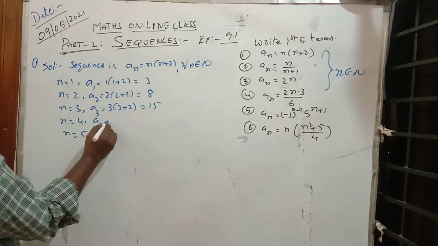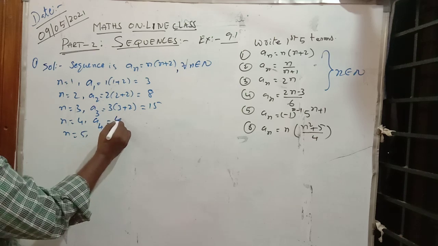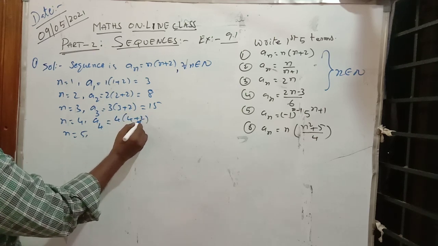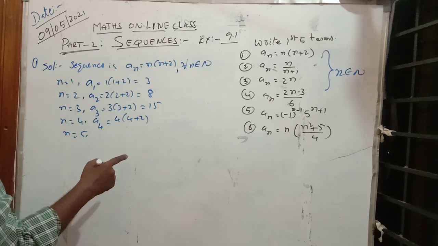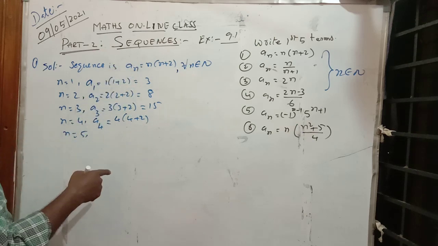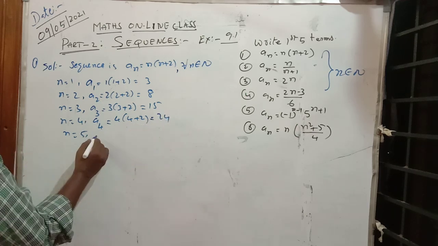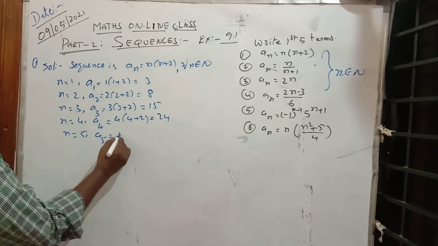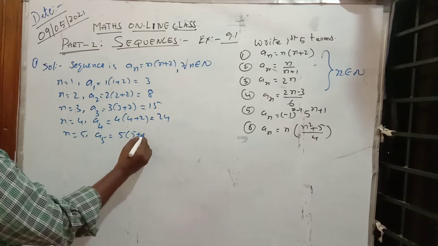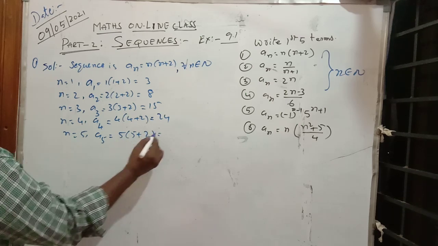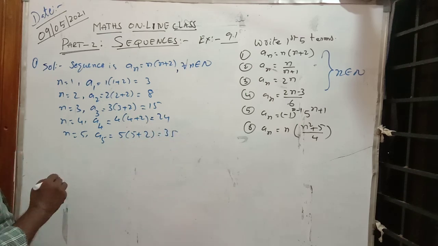When n is equal to 4, a4 is 4(4+2). 2 is common, n is different. Now it is 6 4's are 24. When n is equal to 5, a5 is equal to 5(5+2), 7 5's are 35. Okay?